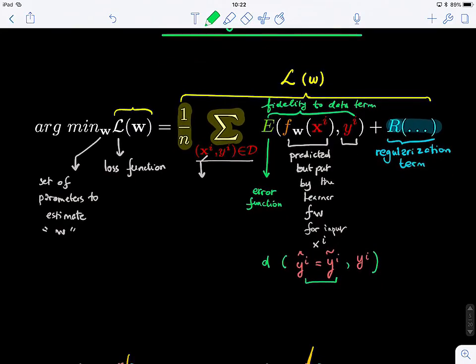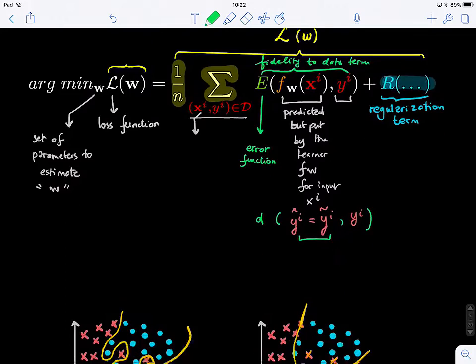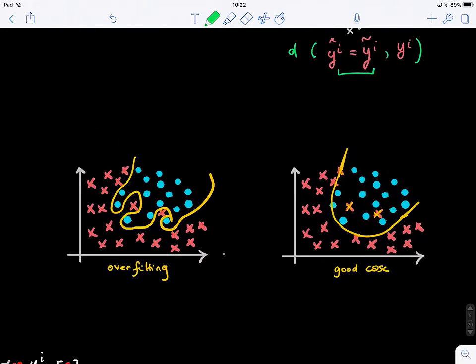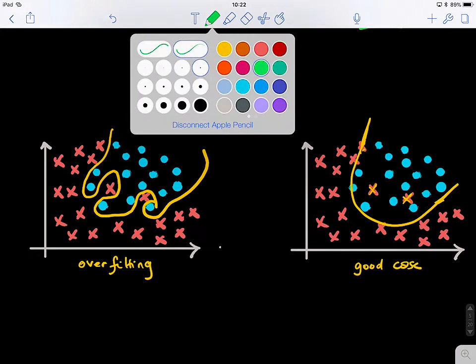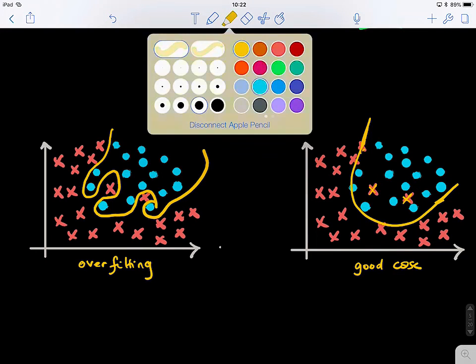Now, the regularization term tries to do two things. If you remember last time, if we want to minimize the error and we want our model to make no mistakes at all, then we end up with this case, which is overfitting, right?